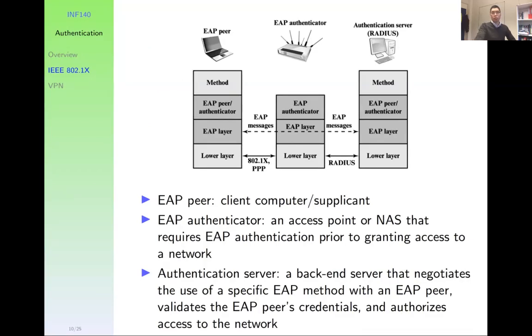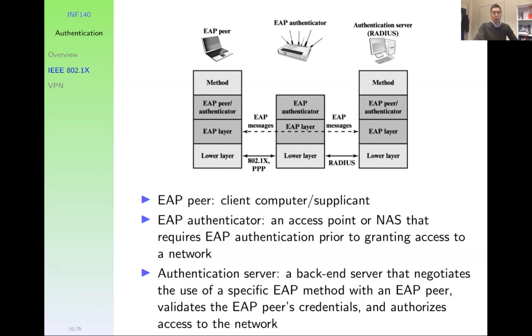Then again, here in EAP, the Extensible Authentication Protocol, it's a peer, an authenticator, and the server. So we have different terms from 802.1X, but in general, this is a device, this is a wireless access point, and this is a remote server, like the authentication server.